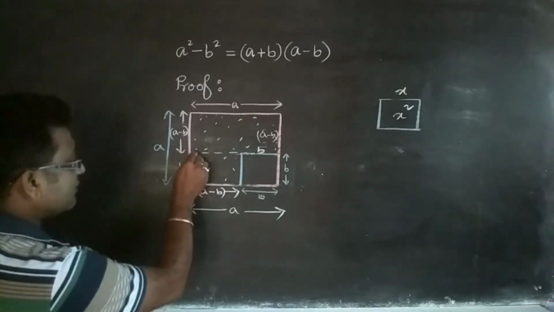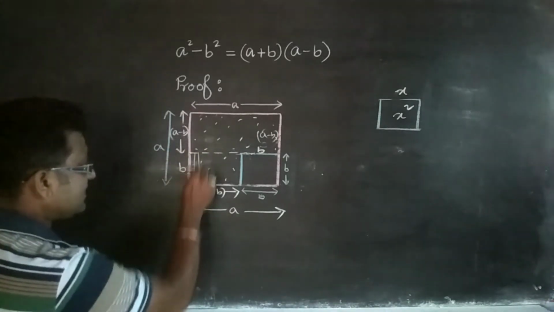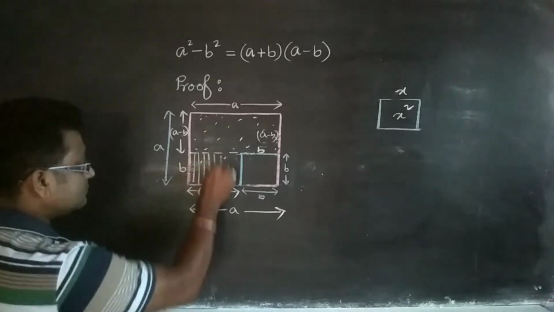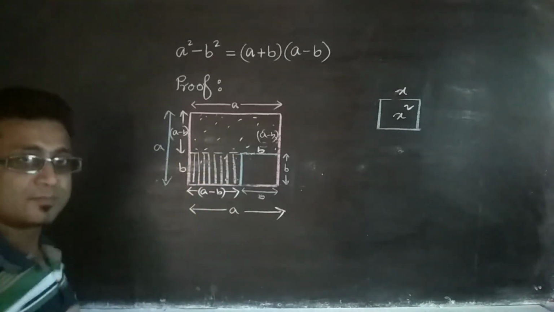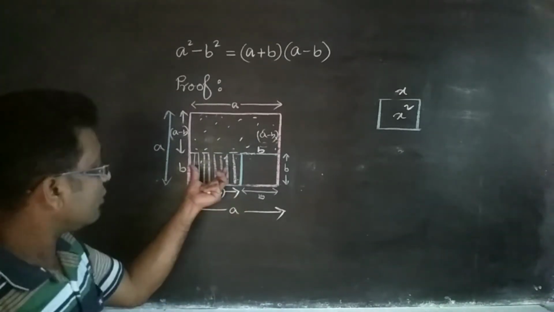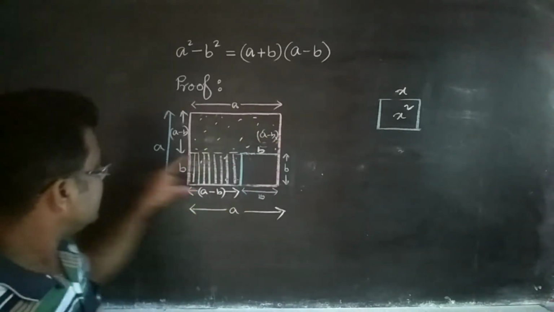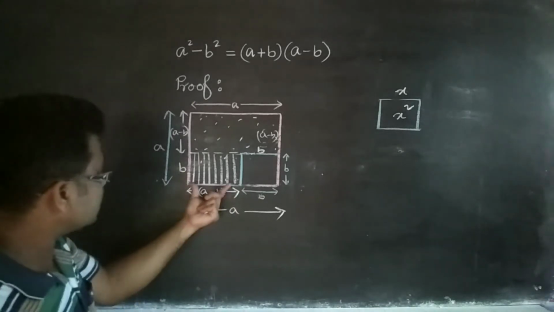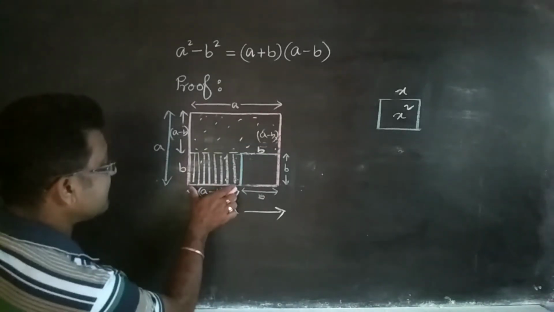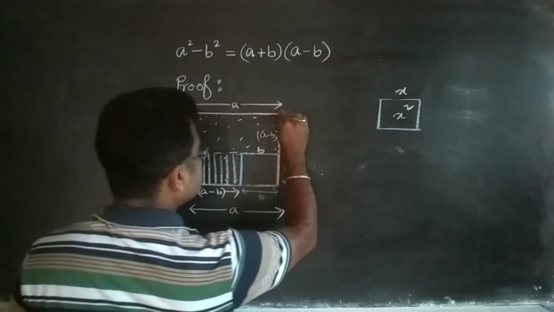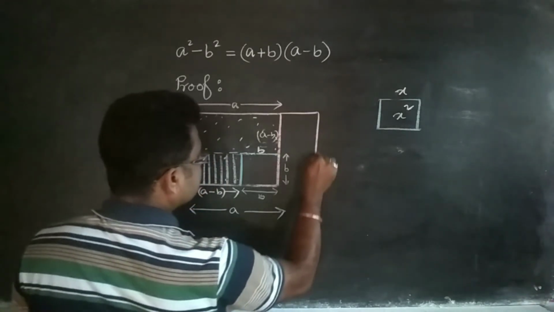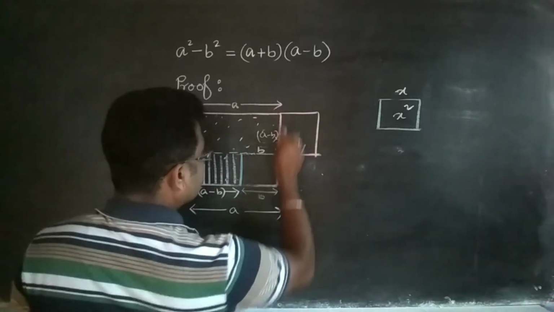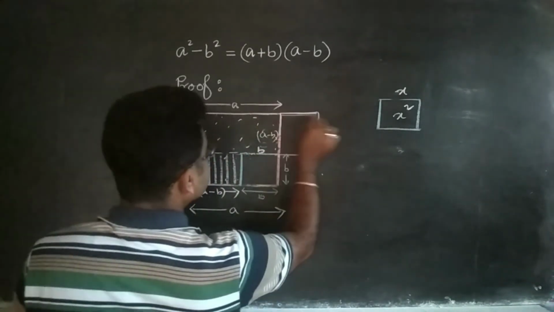So here you are going to get another rectangle. Now this box I am going to shift here in such a way that this b will be here. Okay, and this base will be on this side, that means a minus b will match here. Suppose it is like this.